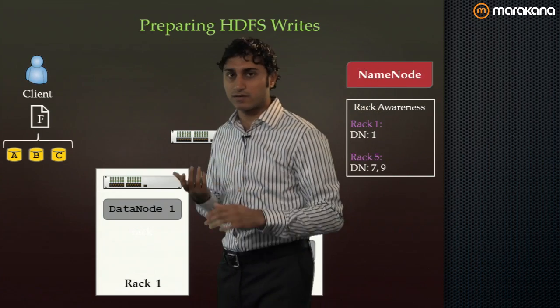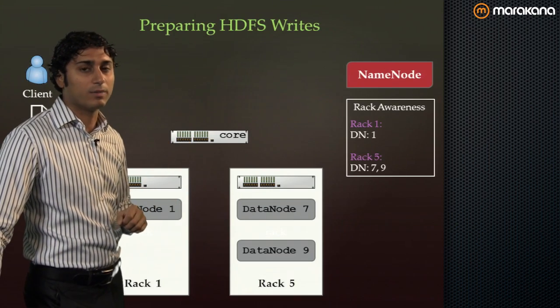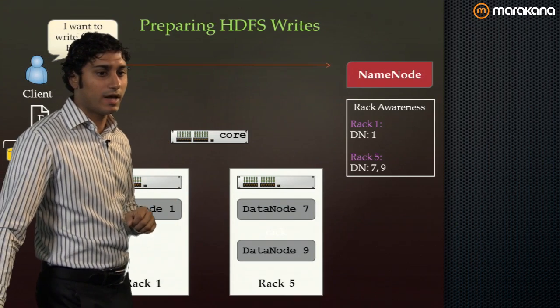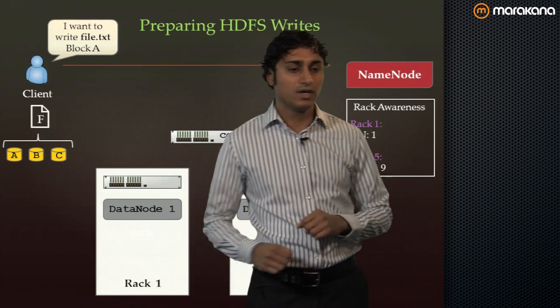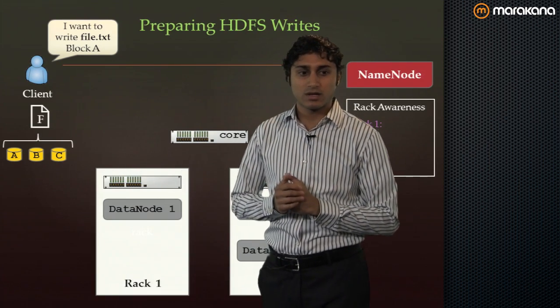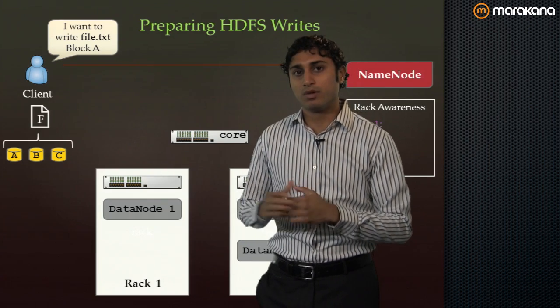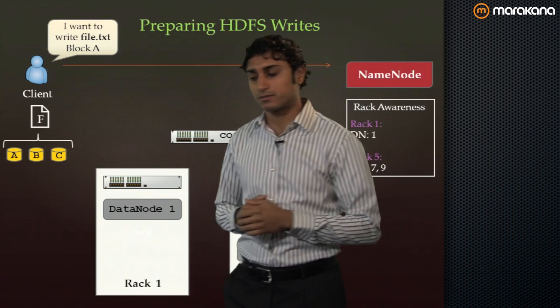Like I said, all you have to do is write some simple Java code or run a command line copy from local command. But what happens is, the first step, when you submit a file to the client API on your laptop, the client will contact the NameNode and say, I want to write file.txt block A into the Hadoop cluster.